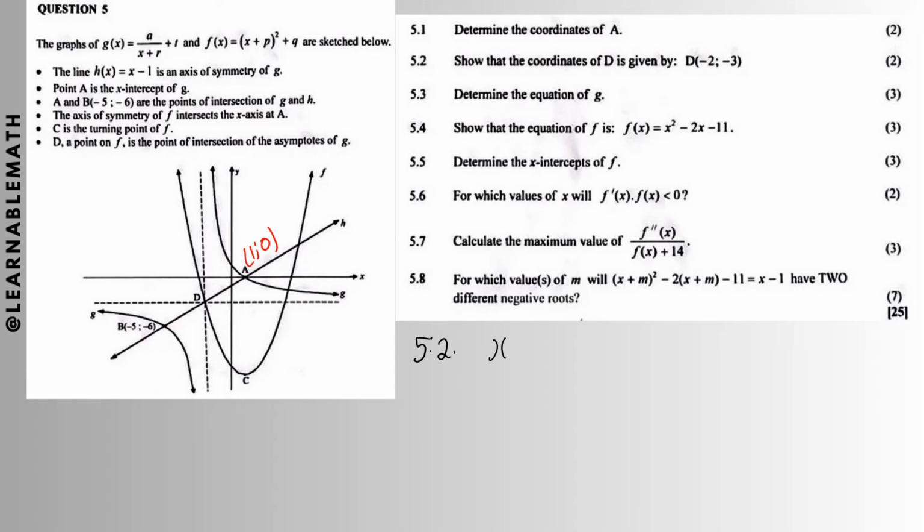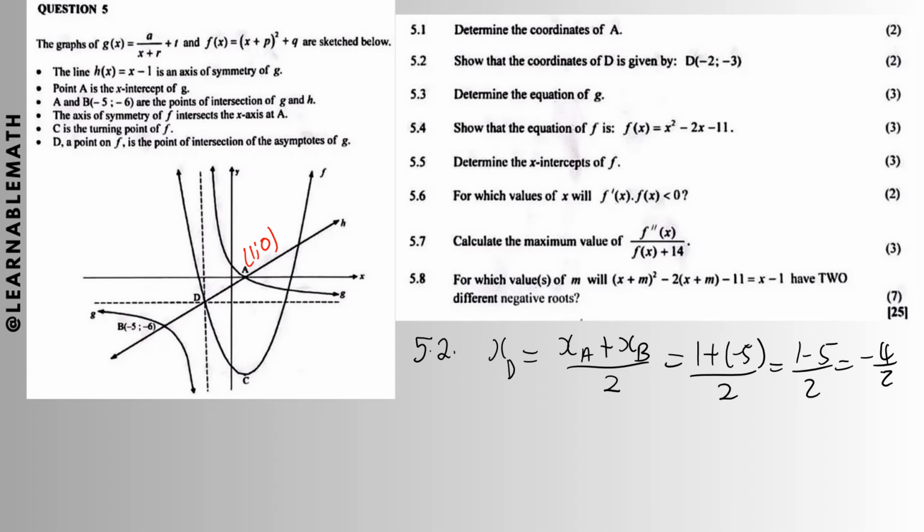So we are saying x at D is the same as x at A plus x at B divided by 2, because it's at the midpoint, right? So you just say x at A is 1, plus x at B is -5, divided by 2. This will be 1 minus 5 over 2, which is -4 over 2, which is -2. Okay, then y at D is basically the same.